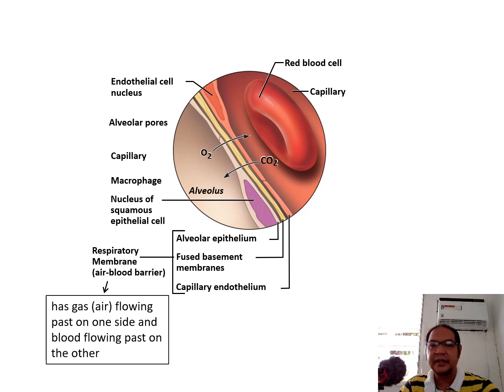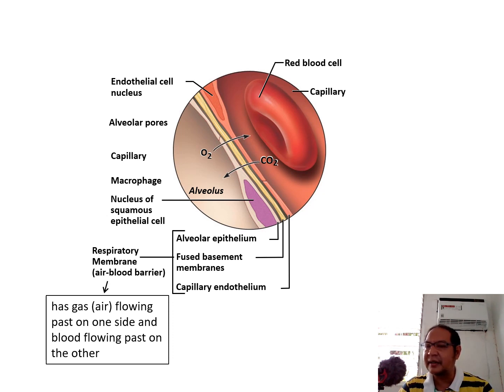So if you are pregnant and you gave birth to a 7 months old child, the tendency is the baby has difficulty breathing because they lack surfactant.